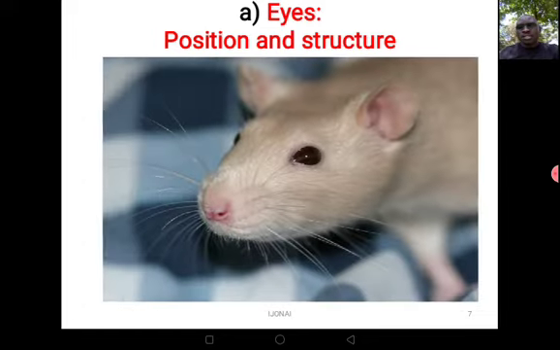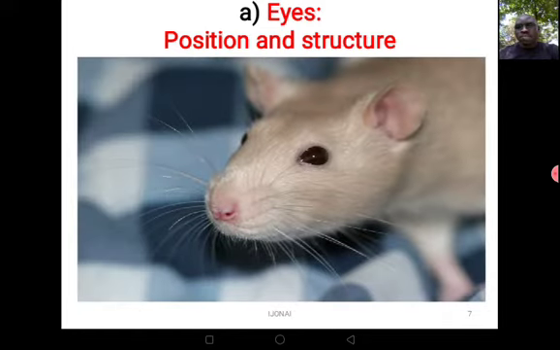So when you look at the head position and structure, let's start with the eyes. We want to start with the eye, the position and the structure. Where are they located? If somebody asks you, having looked at that picture you're seeing, what can you say about the location of the eyes?